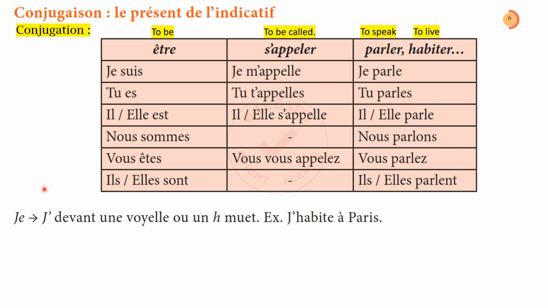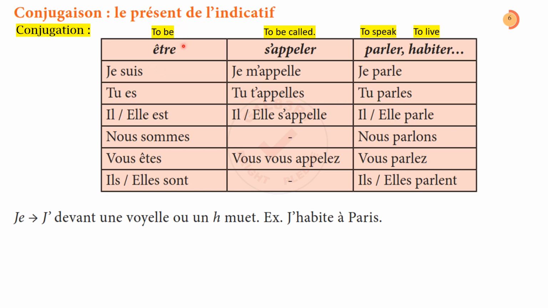Now let's look at the conjugation of three verbs: être, to be; s'appeler, to be called; and parler, to speak. They've additionally given you habiter, which takes endings similar to the verb parler. These verbs are conjugated in the present tense.